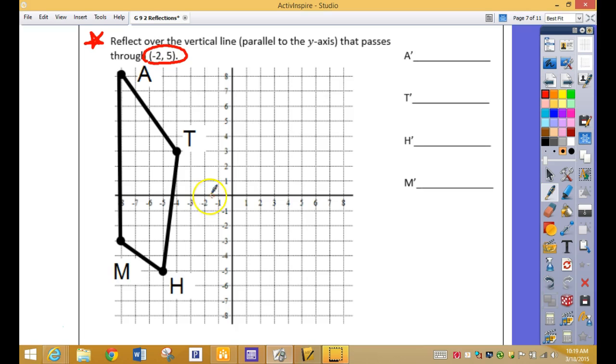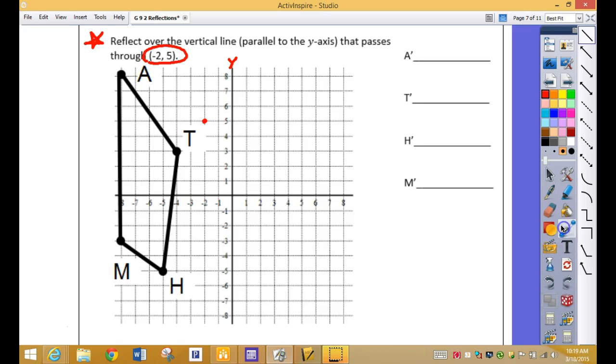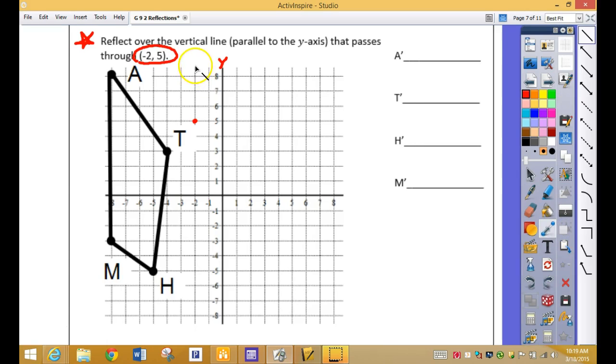So we go -2 and 5. It's got to be parallel to the y-axis, running vertical. So our line of reflection on this problem is right here. That is the line of reflection that we have to reflect this figure over.